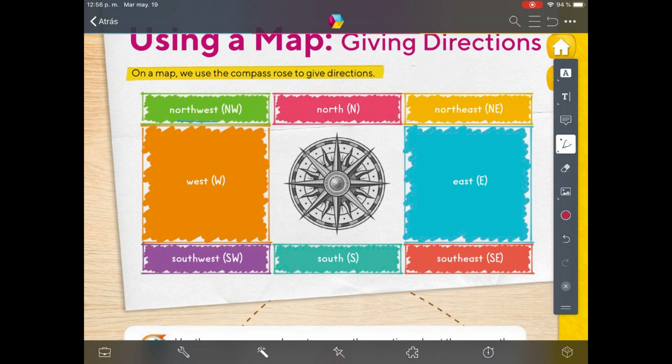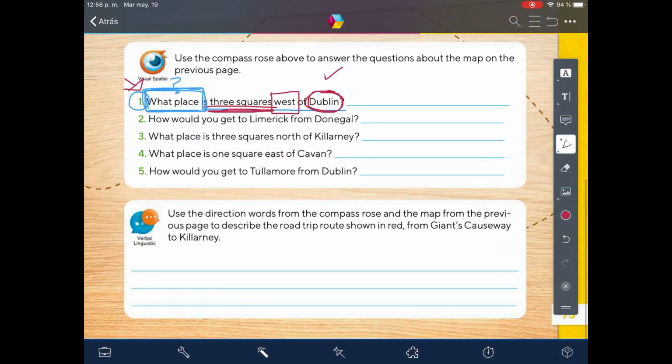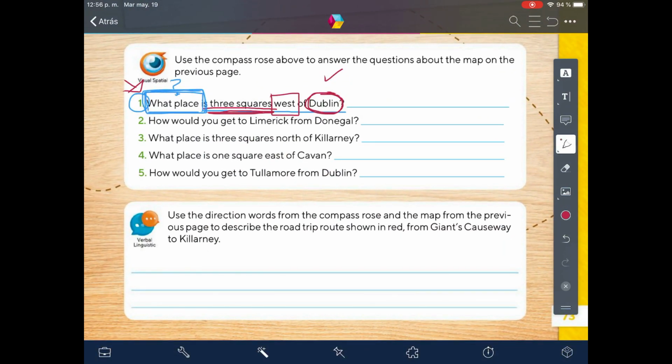West, look at the grid. That's north, northeast, east, south, southwest. Where is west? What color? It's orange. That direction is west. Okay, now we have Dublin and we know in which direction west goes. So, now from Dublin, let's move west.